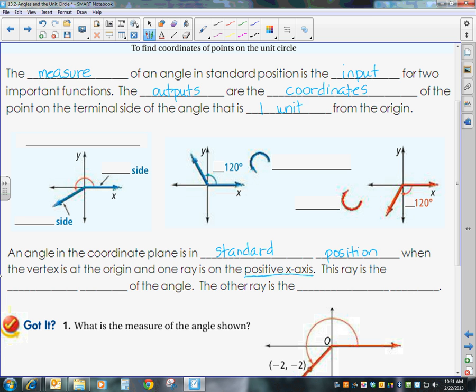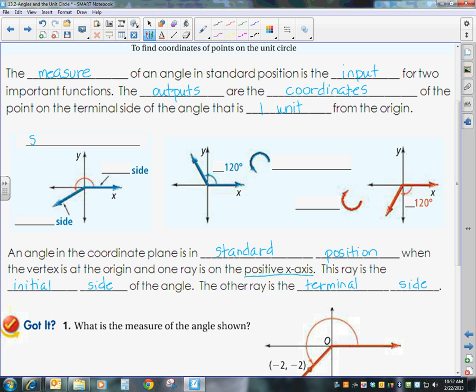This ray, the positive x-axis, is called the initial side of the angle. The other ray is called the terminal side. Hopefully you can see initial, of course, is beginning. Terminal is ending. We have different words in your vocabulary that hopefully can remind you of that.